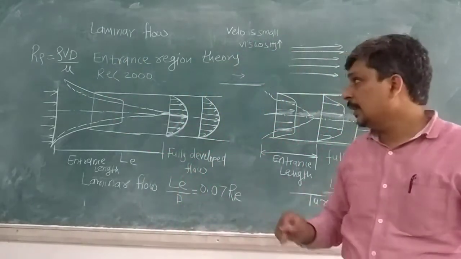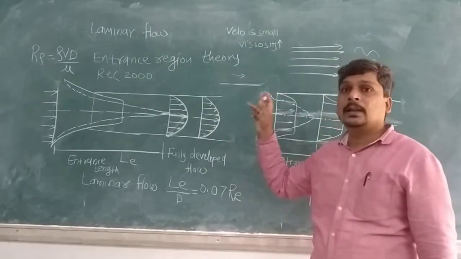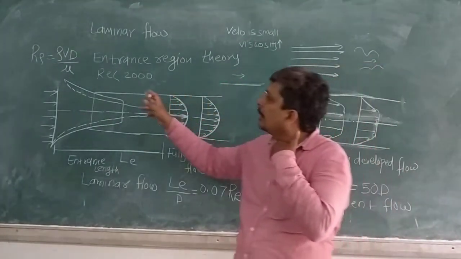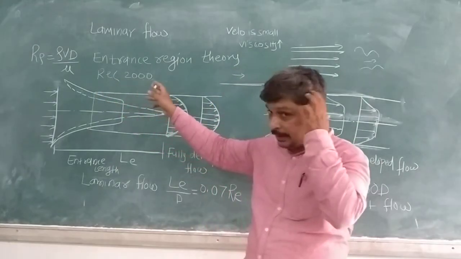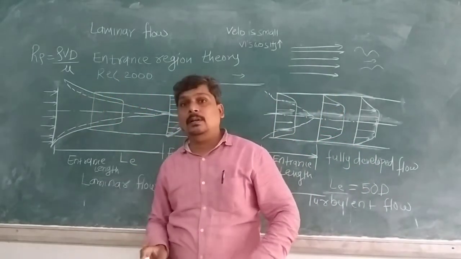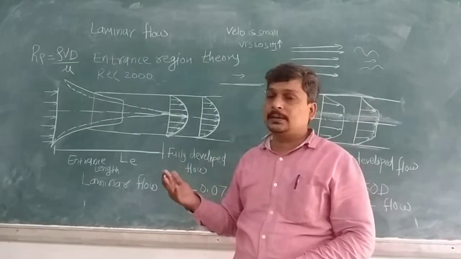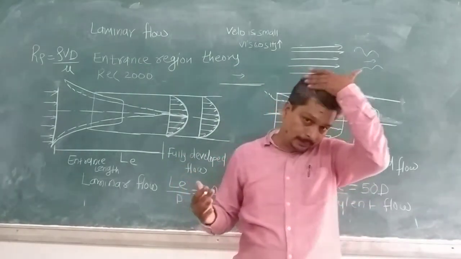So these are the conditions for laminar flow: density should be less, velocity less, diameter less, and viscosity of the fluid higher. At that time the flow may be laminar.